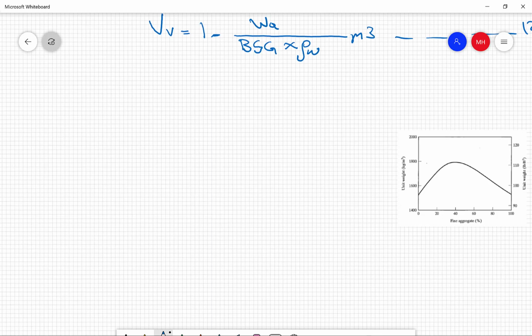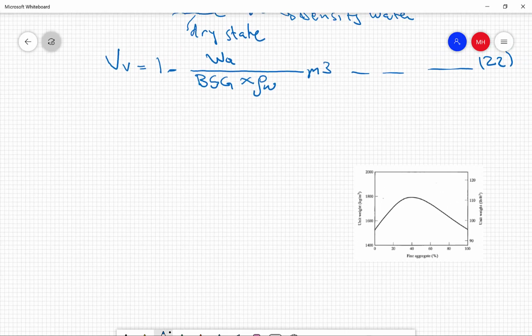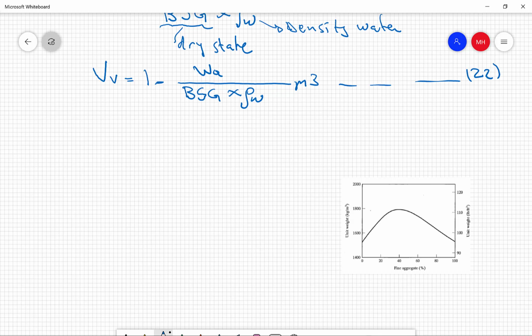Okay, I'm going to leave this aside, and I'll bring it when I need it. So this is equation number 22, as we said here, which is the volume of voids. Okay, equation number 22. Or actually, it can be rewritten differently.